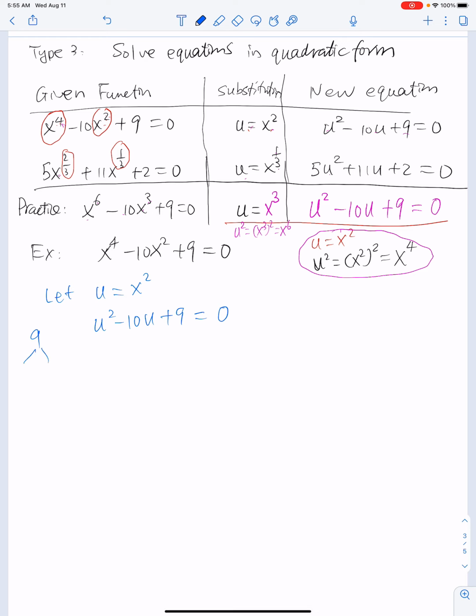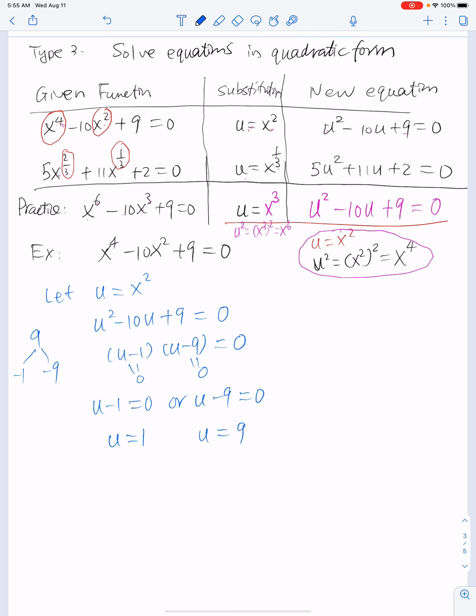You want two numbers that multiply to 9 and add to negative 10: negative 9, negative 1. So u minus 1, u minus 9 equal to 0. You get two things multiplied together equal 0, then each part equal to 0. So u minus 1 equal to 0, or u minus 9 equal to 0. So we have u equal to 1 or u equal to 9.